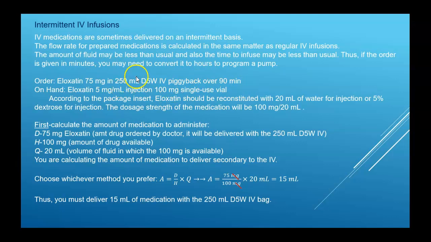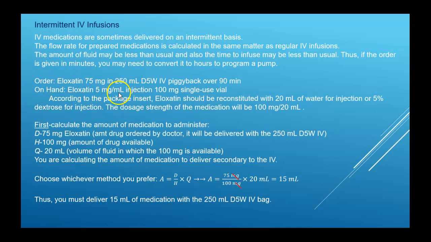So that means we have a 250 milliliter bag, and this 75 milligrams needs to be piggybacked onto this 250 milliliters. So first we have to calculate how much medication do I need to deliver 75 milligrams of drug into the patient. So you have a single-use vial of 100 milligrams of aloxetin.